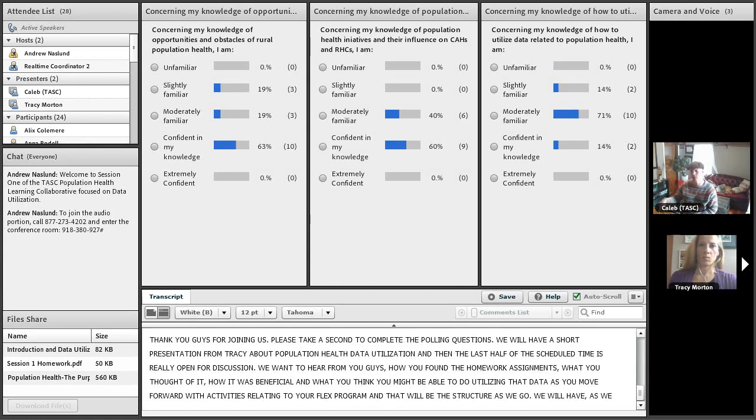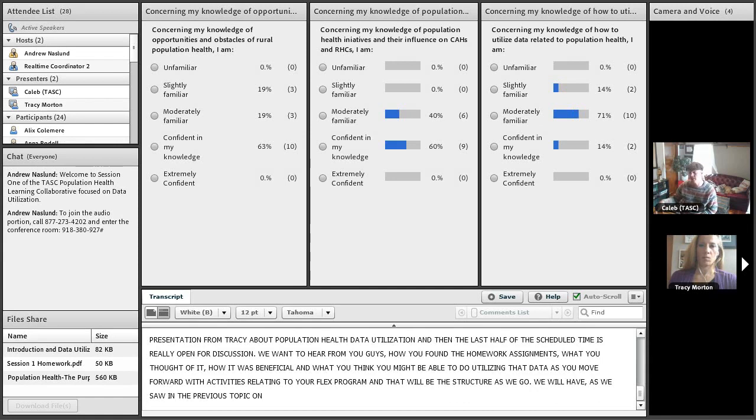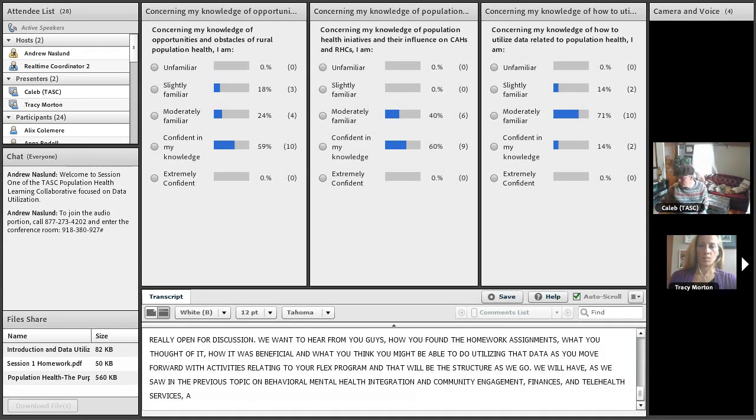And that will be the structure as we go. We will have, as we saw in the previous slide, topics on behavioral and mental health integration, community engagement, finances, and telehealth services, a bunch of different topics related to population health.